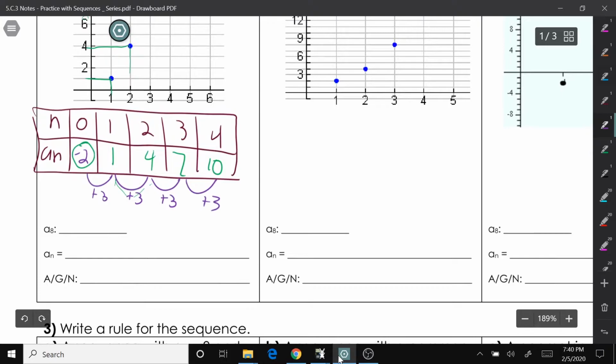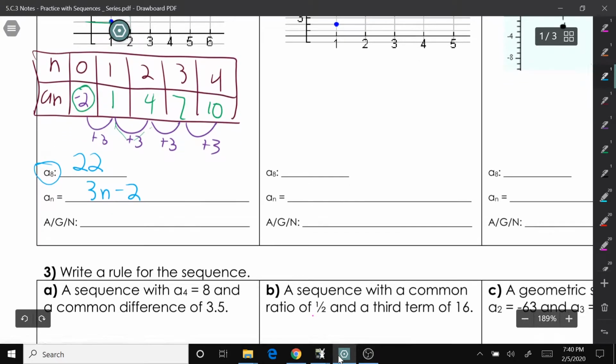So our formula, or our rule, will be 3n minus 2. And then when we plug in 8 for that, because we're asked to find a8, 3 times 8 minus 2 gives us 22. And since we are adding 3 each time, this is an arithmetic sequence.